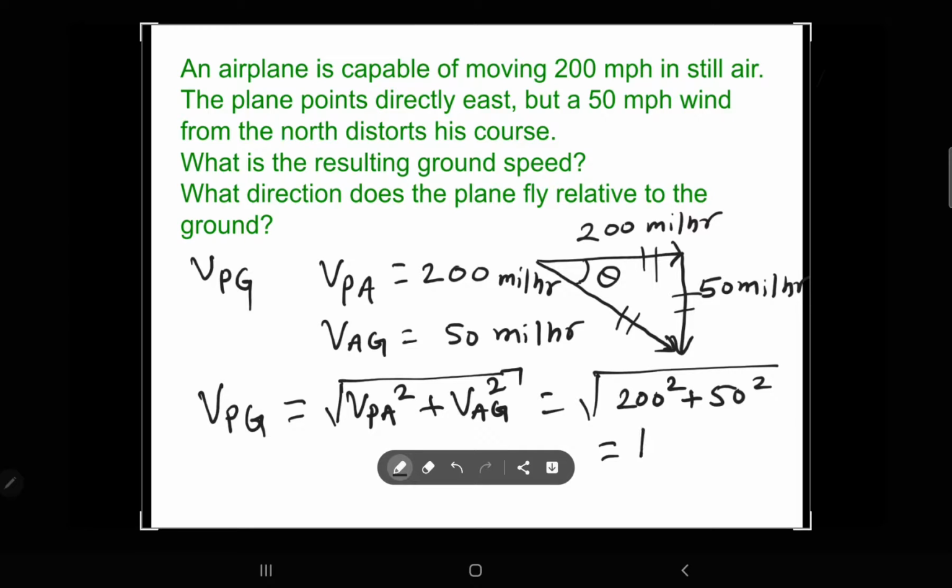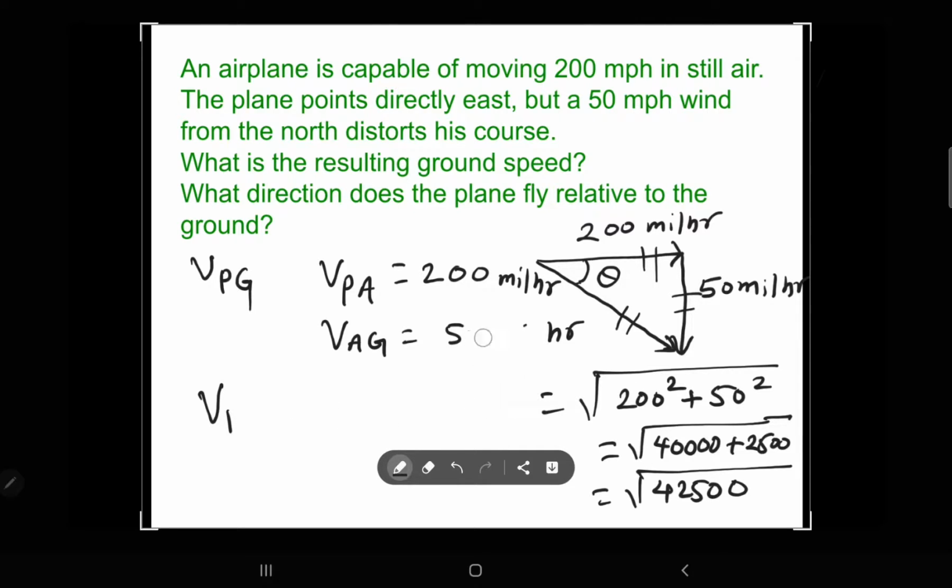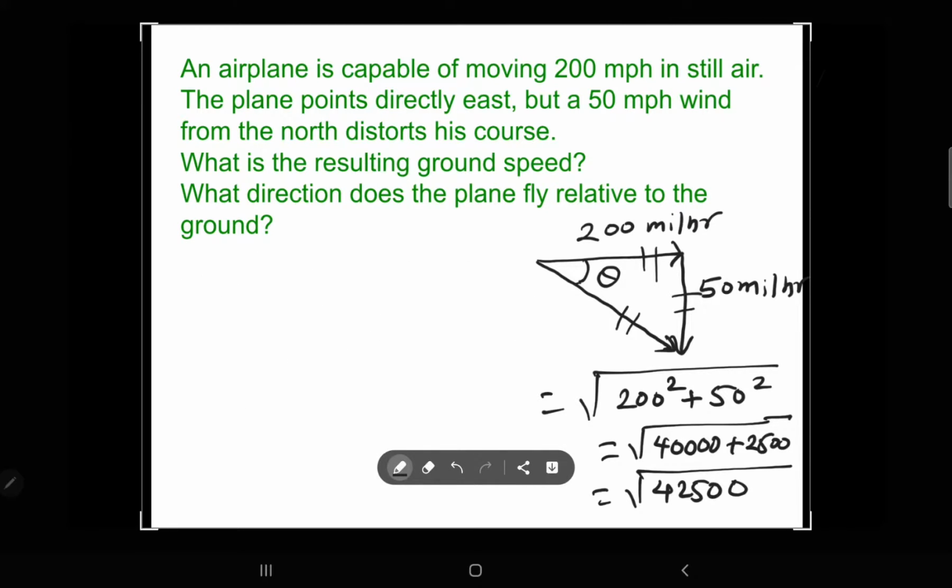If you calculate this value, you'll get something like 40000 plus 2500, which further gives you 42500. If you again calculate this one, let me erase these things and write down the value of the velocity of the plane with respect to the ground.